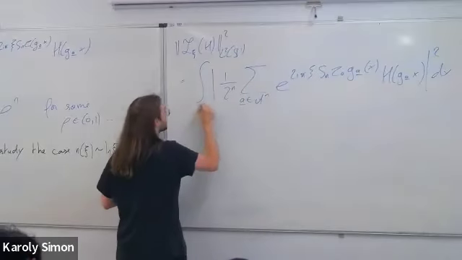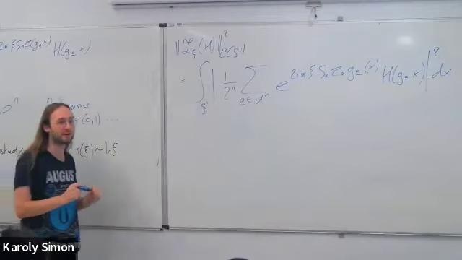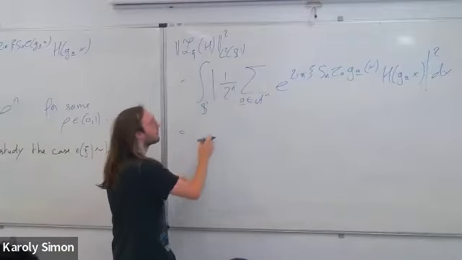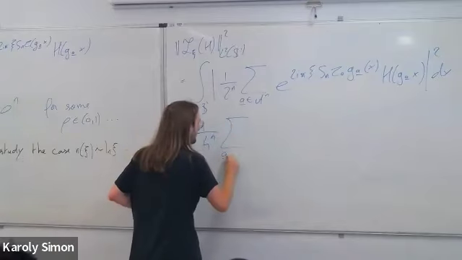Now, the modulus squared is very useful because you can bilinearize it. So you get a double sum, and you can put the sum over a outside. So after expanding everything, you get something like this.